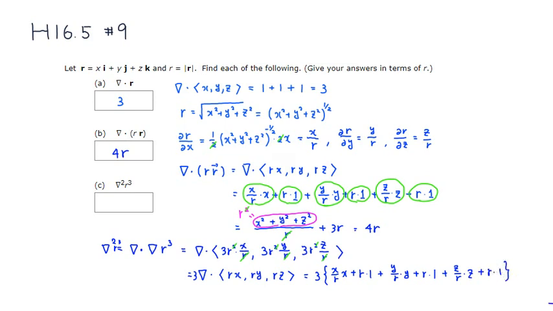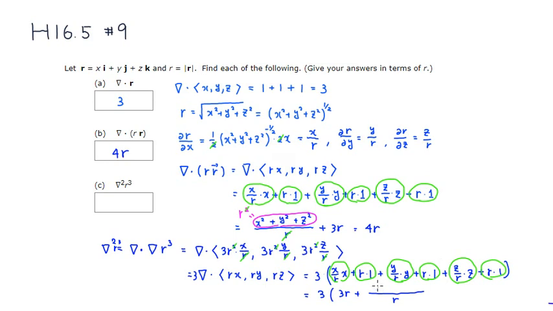Again, you have 3 times, and I'm just going to replace that with regular parentheses. First we have 1 r, another r, and another r, so there are 3 r's, so 3r. Plus, we have x squared over r, y squared over r, and z squared over r.